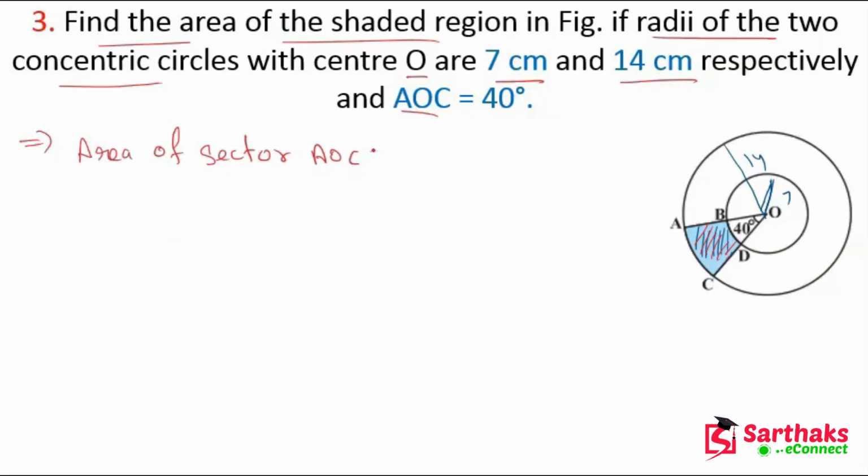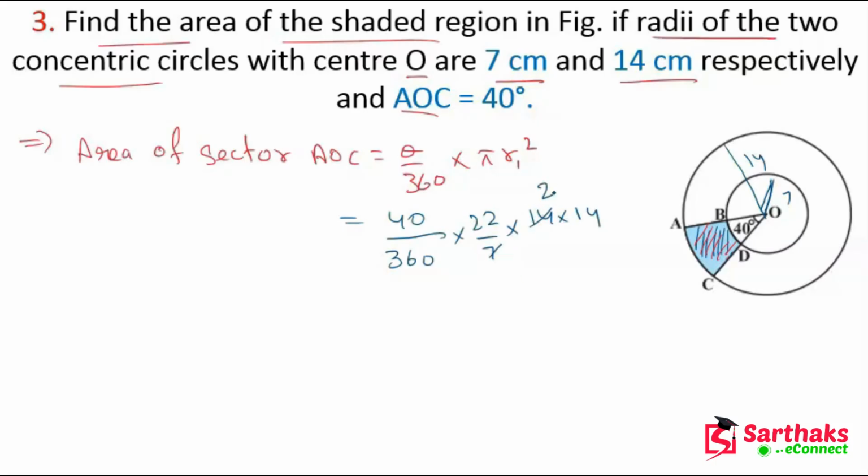What is this? This is theta upon 360 into pi r1 square. So theta is 40 and this is 360, multiplied by 22 upon 7, and we have r1 as 14, which is 14 into 14. Now 14 is cut by 7, 2 times, and this 0 and this 0 will be cancelled.